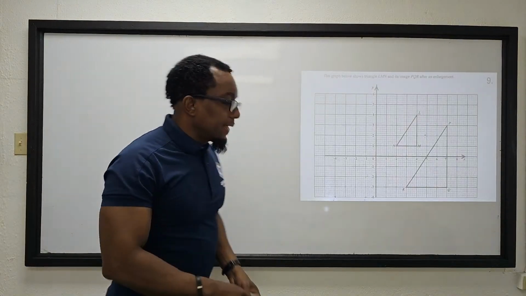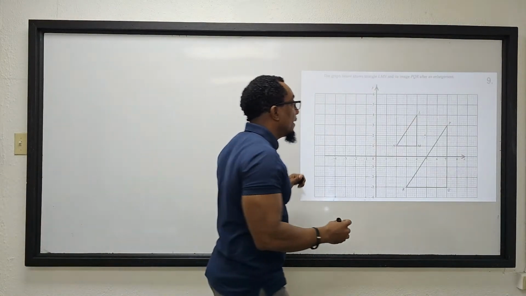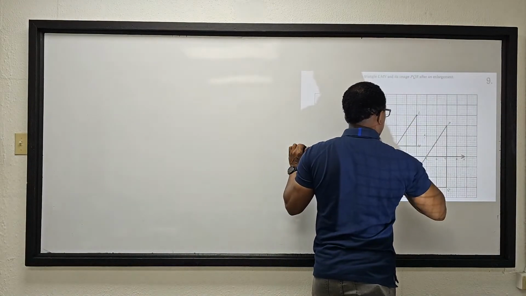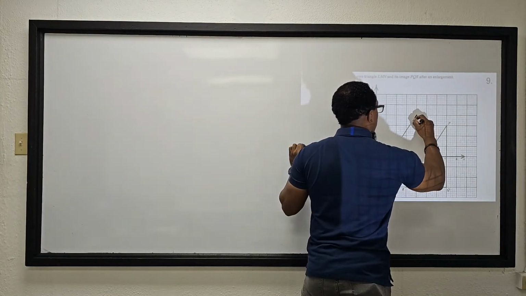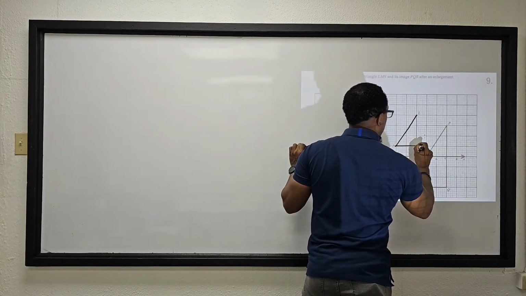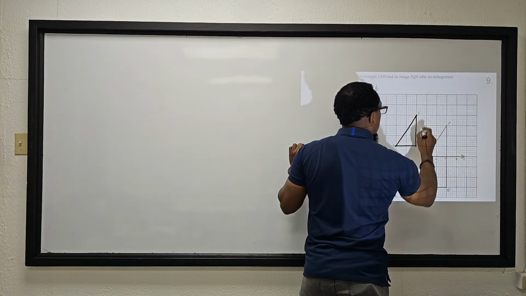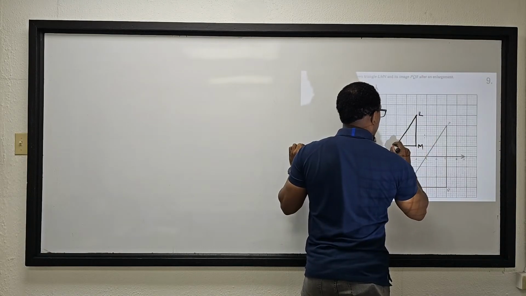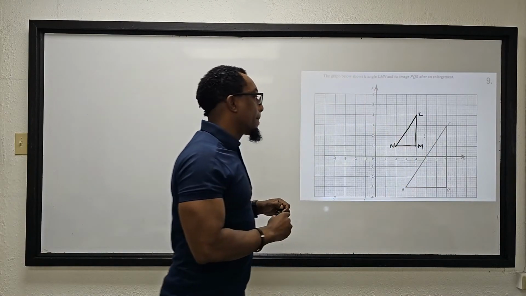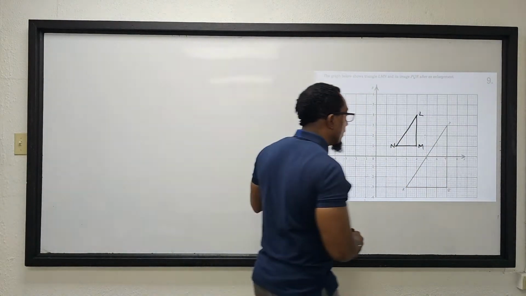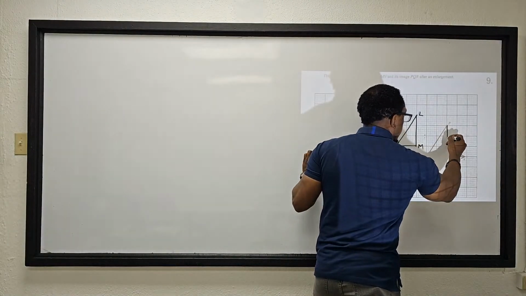So we have here, let me highlight the triangle. This is LMN, and this is PQR.